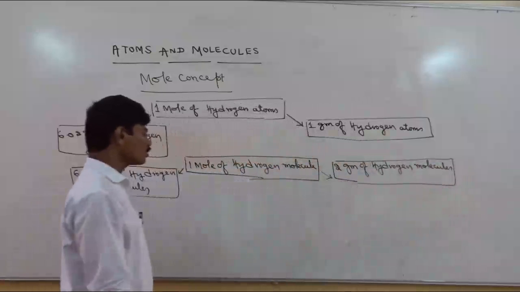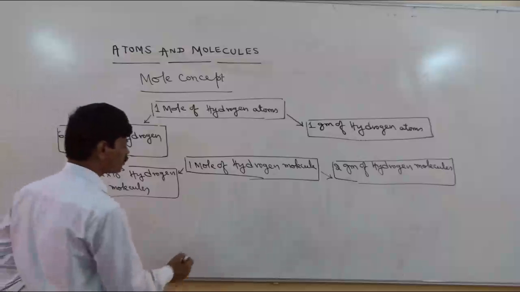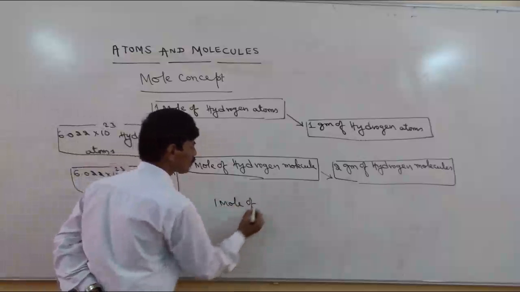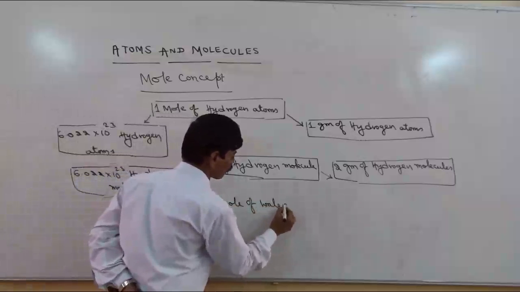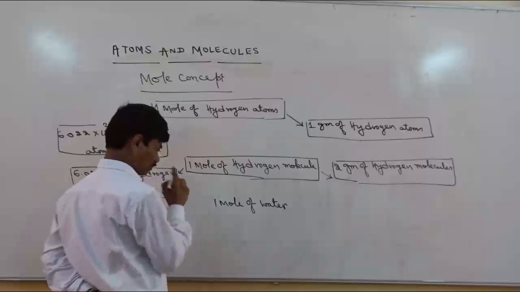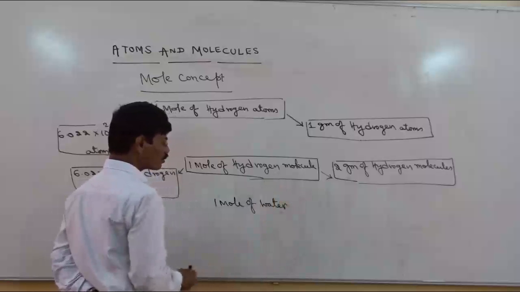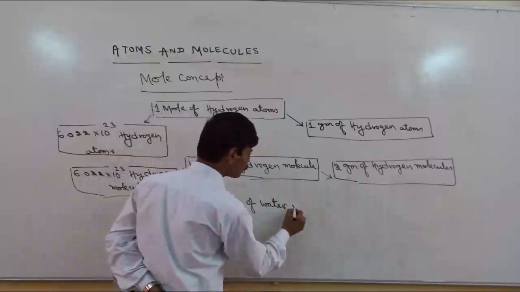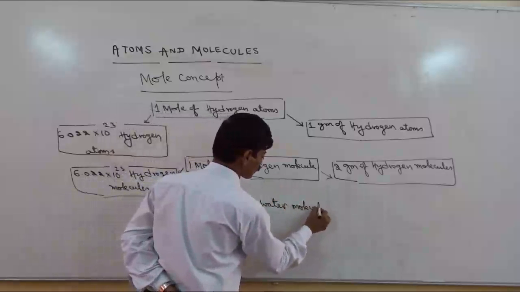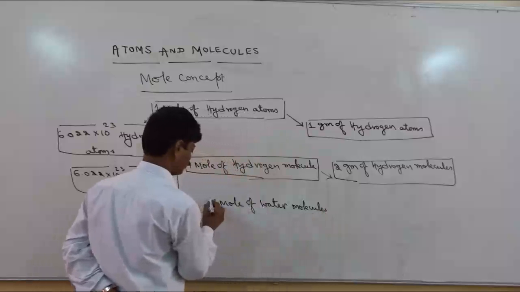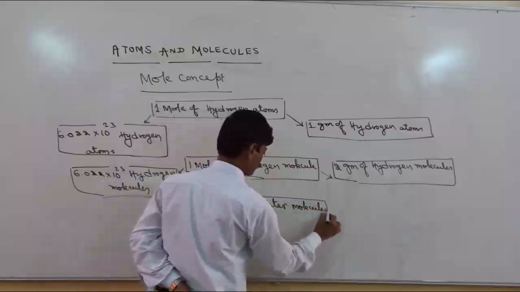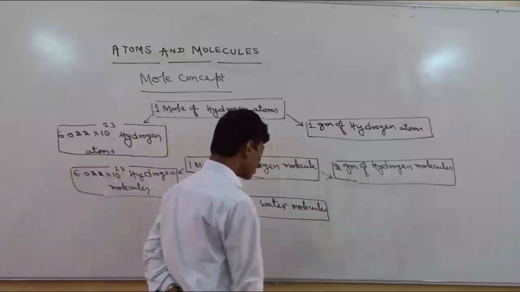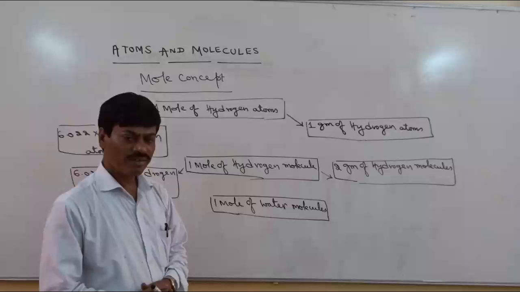Now we will move to a compound, that is 1 mole of water. Here it is a compound. So we can write 1 mole of water molecules, because compounds are always made up of molecules. And 1 mole of water molecules weighs 18 grams.